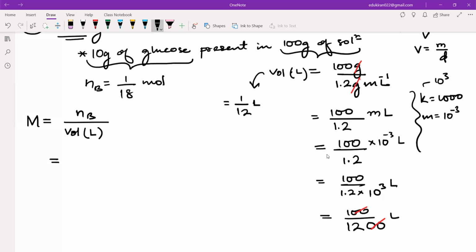So number of moles is equal to 1/18. The volume of solution is equal to 1/12 moles per liter. This will be equal to 12 will go above, 12/18 moles per liter. Please calculate this value. 12/18 का मतलब क्या हो जाएगा?